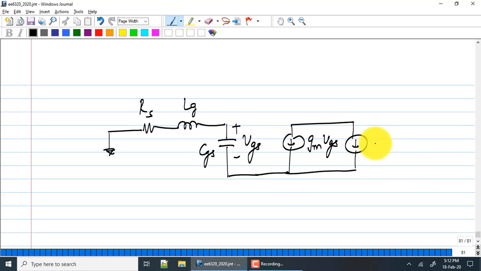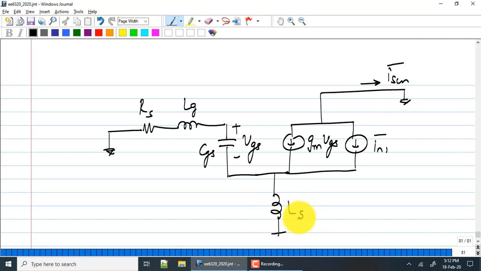I also have noise of M1, IN1, and effectively I am trying to find out ISCN. We can keep the other direction, it doesn't matter, right? And here we have LS, right? So this is the equivalent circuit.